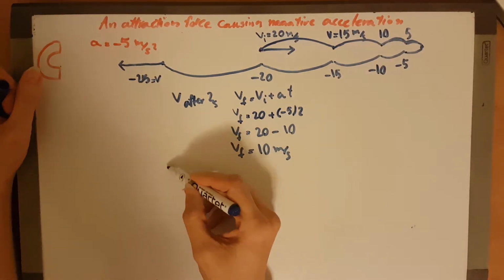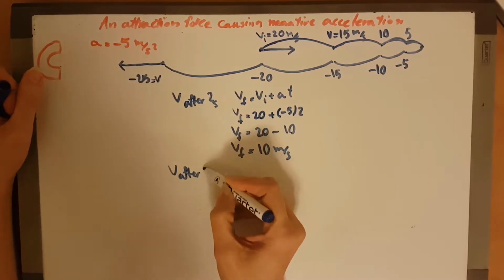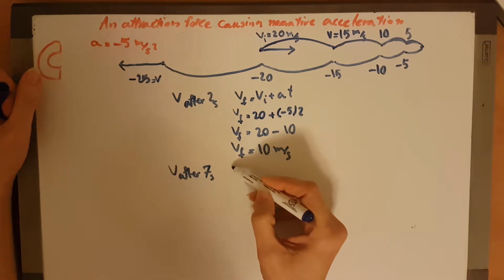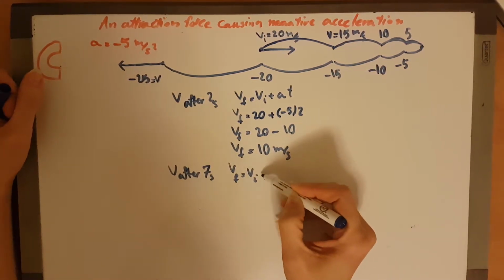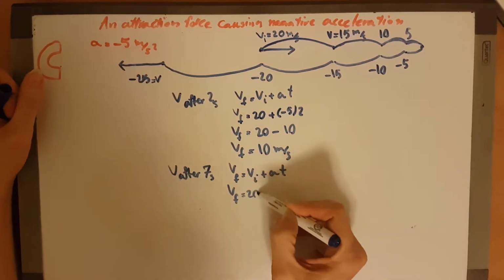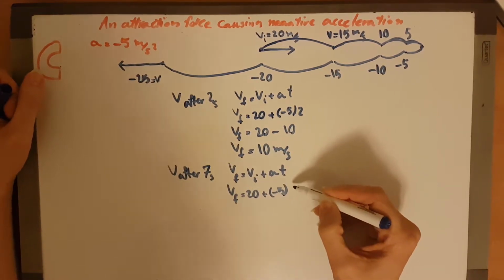And then let's see what the velocity is after 7 seconds. Let's find the velocity after 7 seconds. V final equals V initial plus at. V final equals 20 plus negative 5 times 7.